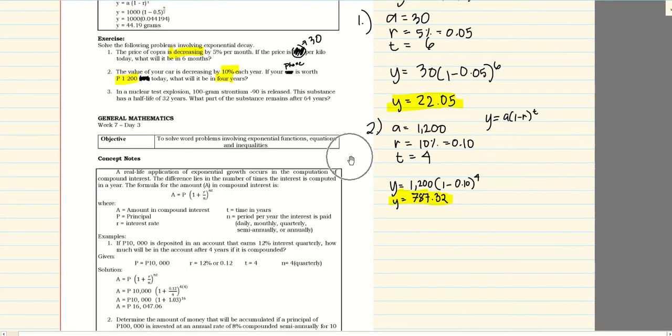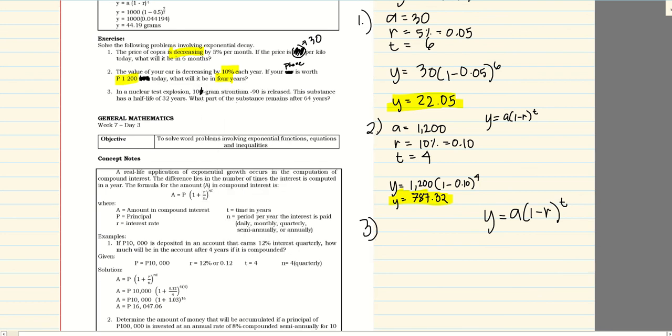Let's talk about number 3. Once again, our formula: A(1 minus r) to the power of t. Instead of having 100 grams, we change it to 10 grams.